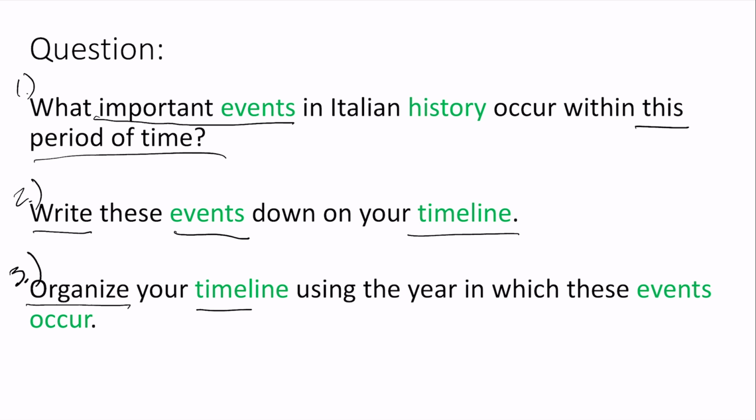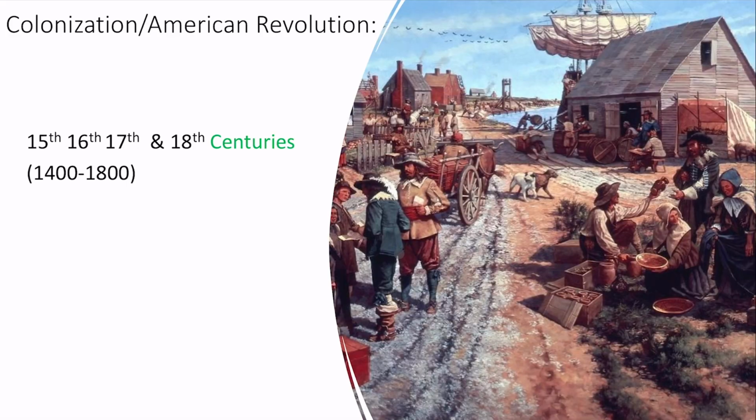If you didn't have too much to write, that's okay. I actually have a few dates that I think are pretty important for the nation of Italy. So over the course of this presentation, I will be adding a few things to the left side of our timeline. So don't worry, I'll help. So let's take a look.